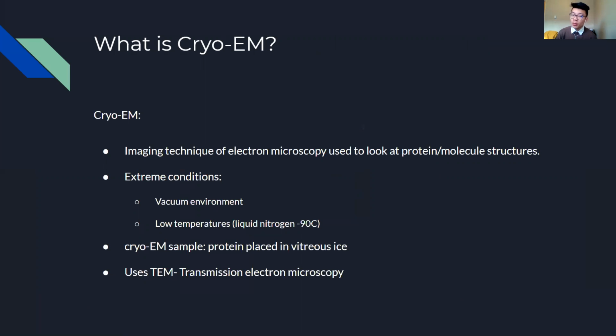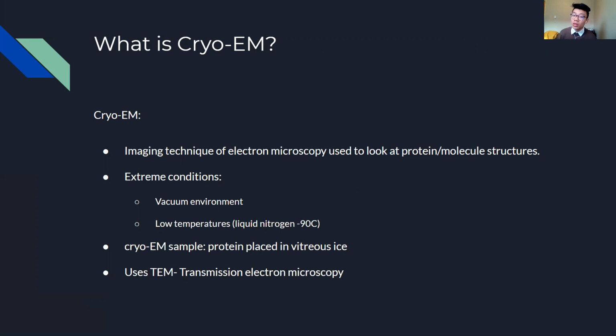Cryo-EM samples must be prepared by rapid freezing, placing the protein in a vitreous layer of ice. This glass-like ice results when ice is not given time to crystallize, and as a result it forms a glass-like transparency.